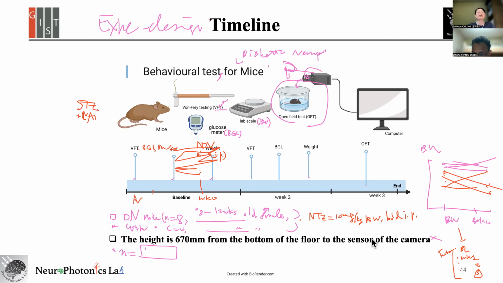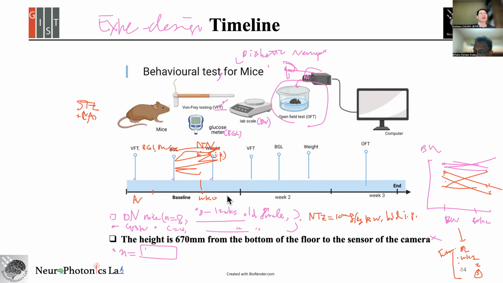You should describe that here. I guess this one was done by you or Ashik. So later, make sure you credit Ashik for what he did, because otherwise you will be bombarded by questions: did you do it? Make sure you give that credit. Okay? So week 0, baseline is before the antigen injection.